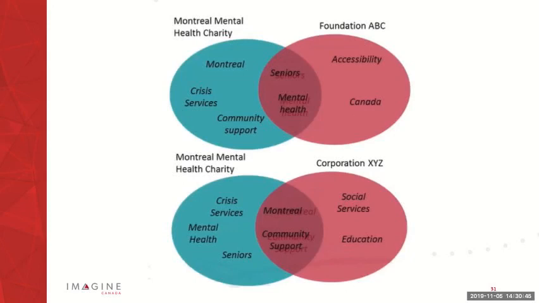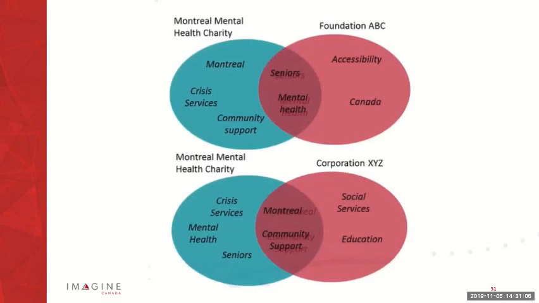Up top, they're focused on seniors, mental health, accessibility, and Canada as their region. Corporation XYZ has a specific focus on Montreal as a region, and they're focused on social services, education, and community support. So they're completely different in terms of their focus and what they're looking to do in terms of their support.